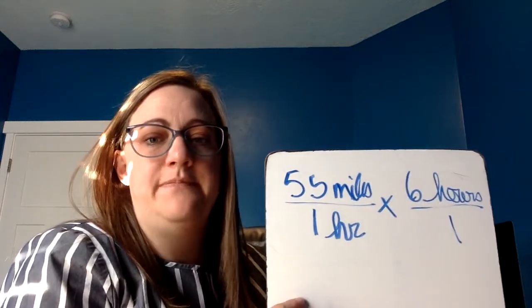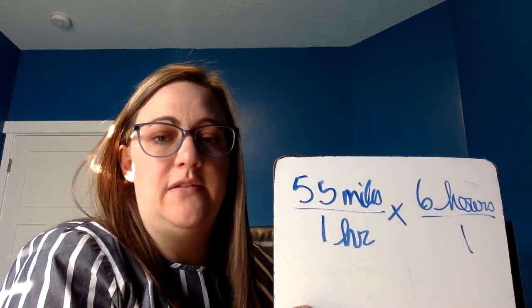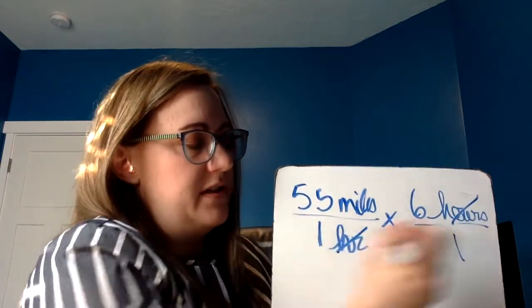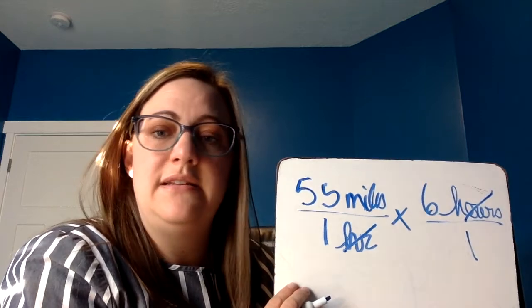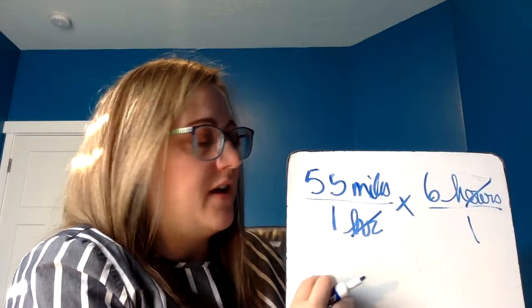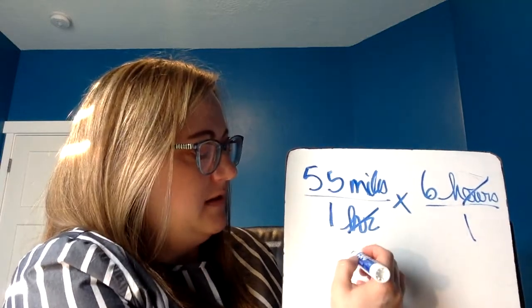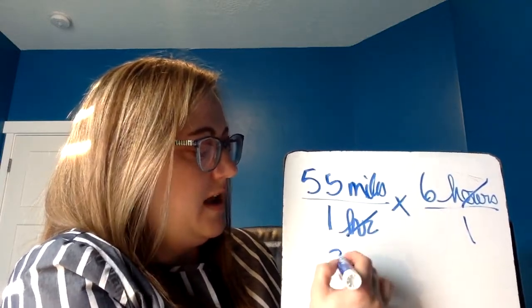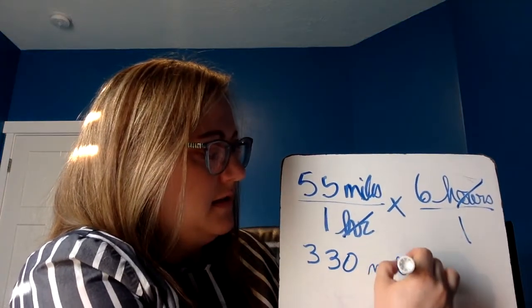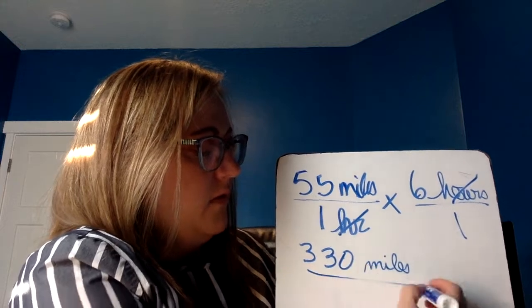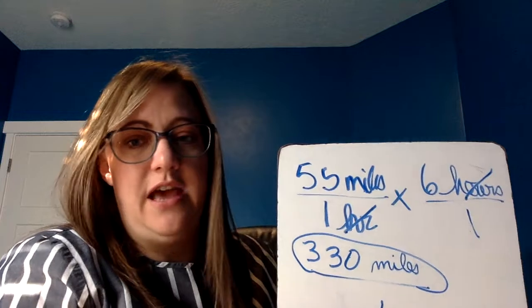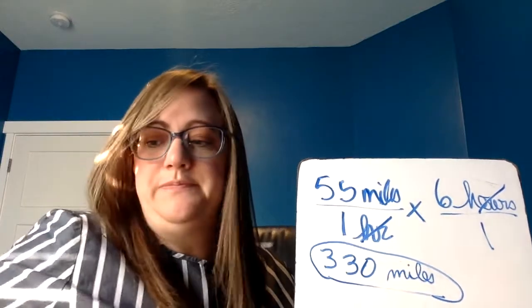Okay, let's look at it. What can we cross cancel? If you said hours, you are correct. So we're going to cross off those hours. Do we have any numbers that we can cross off? Nope. So we just multiply straight across, and we have 330 miles over 1, which we all know we can simplify that to 330 miles for our first example.